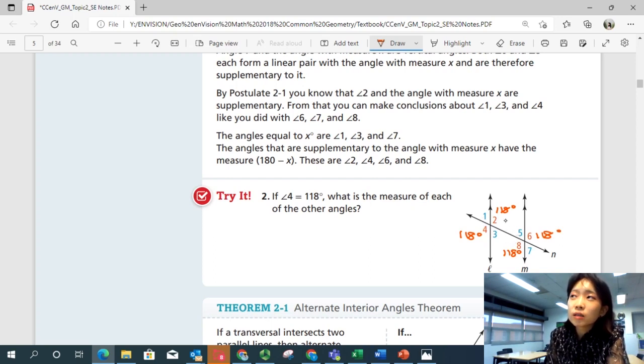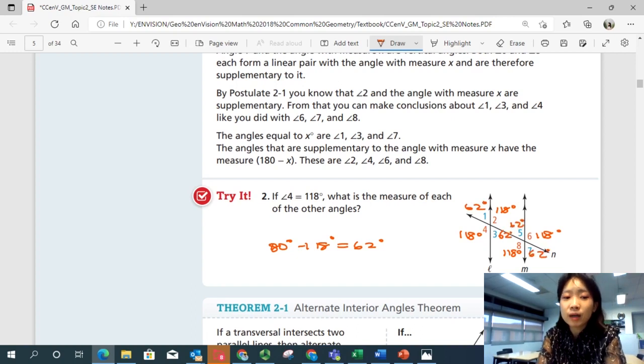By the linear pairs theorem and also the same side interior angle theorem, they're supplementary, right? The blues are supplementary to the reds. So 180 minus 118 would give you 62. So the blues would all be 62.